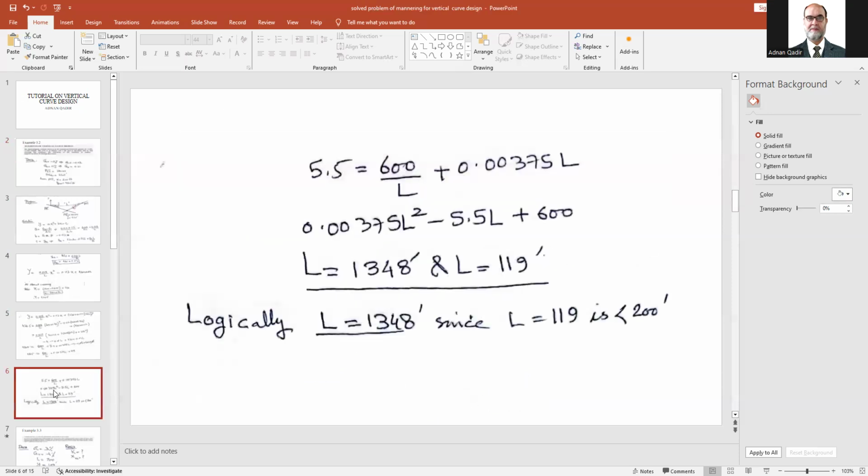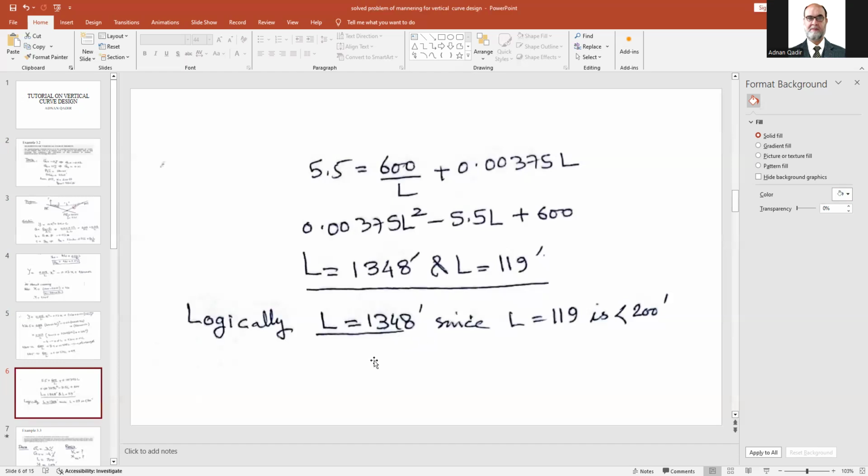Why? Because the curve must be at least so long that the crossing occurs 200 feet before the termination of the curve. So the curve must be more than 200 feet. That's why the value L equal to 119 feet is discarded, and logically the actual length of the curve is 1348 feet.